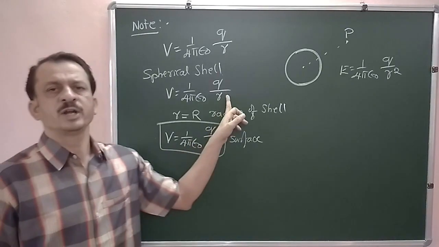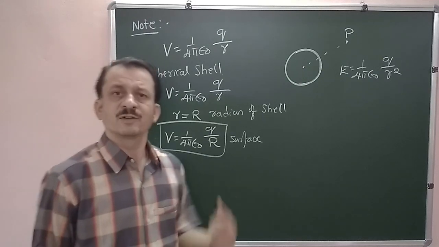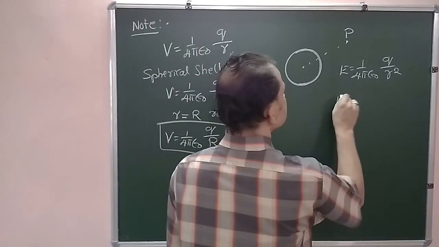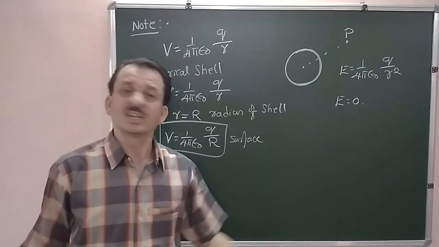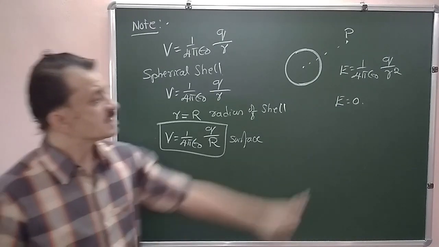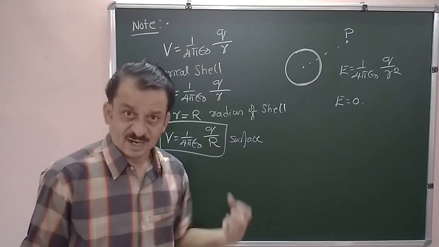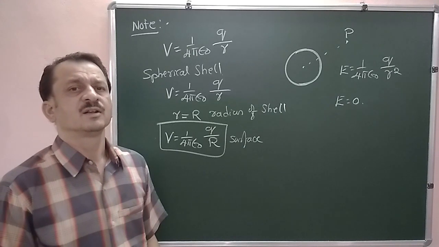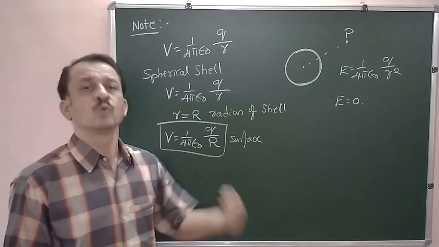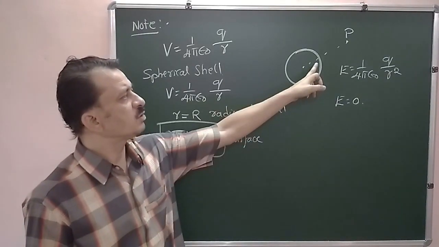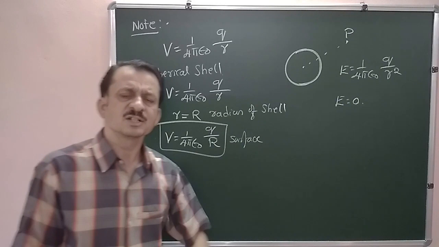This is for a point outside the spherical shell. Earlier we have studied that the electric field inside the spherical shell is zero because the electric field does not enclose any charge. Since there is no electric field inside, no work is done in moving a charge from one point to another point inside the spherical shell.